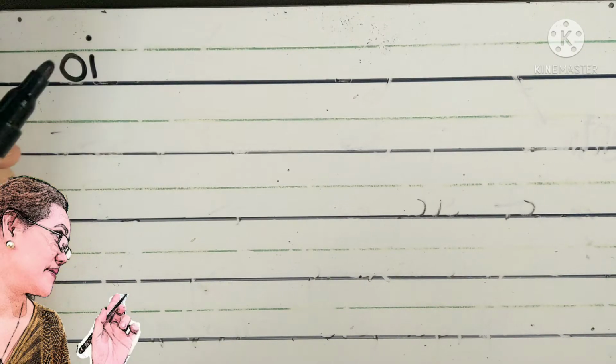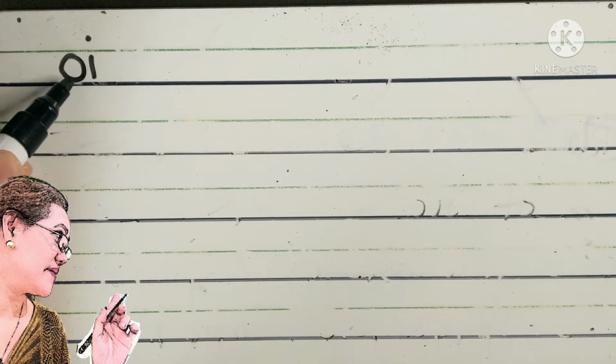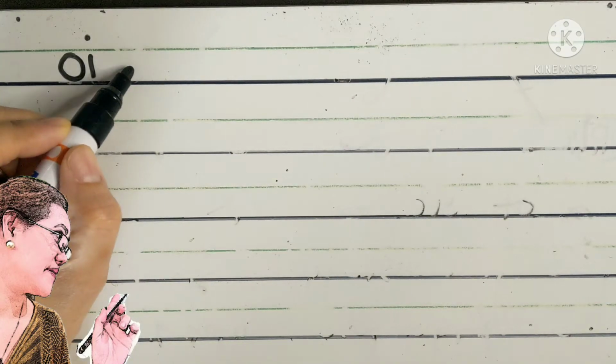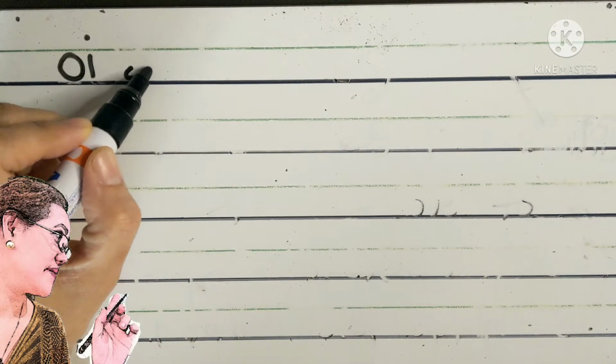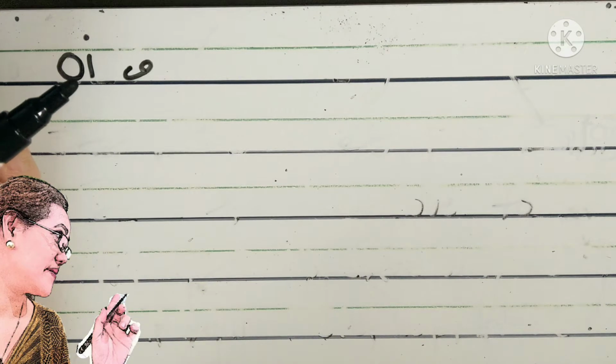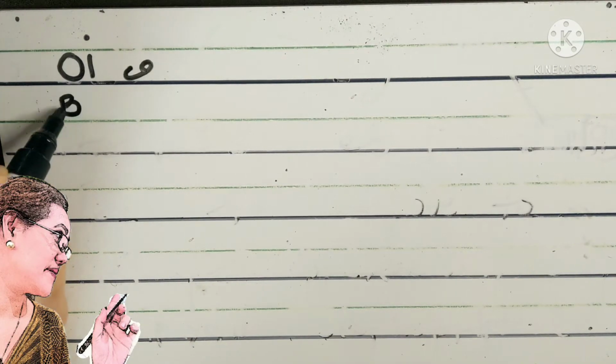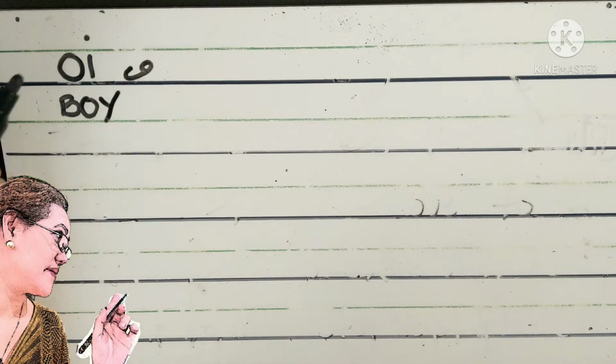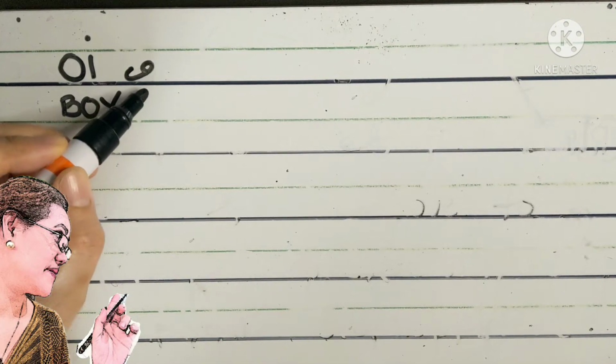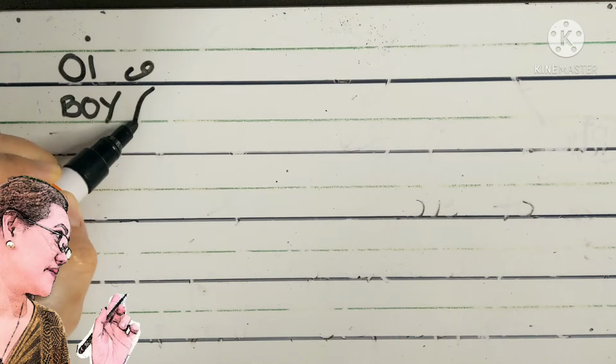O-I. So it is written as O and tiny circle, from the word boy. So this is the sound of B, oy.